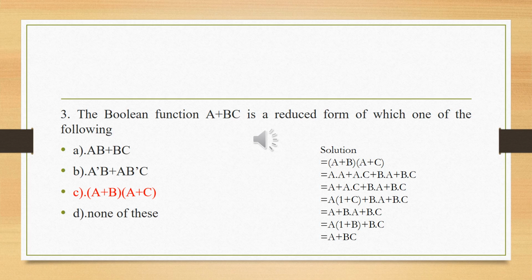In the remaining two, the term a is again common, so taking a, this becomes 1 plus b, and 1 plus b is equal to 1, so now the term becomes a plus bc. So this is the simplified form, derived from the function a plus b into a plus c. So here the answer is C.